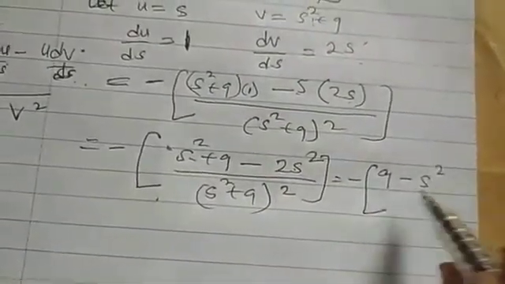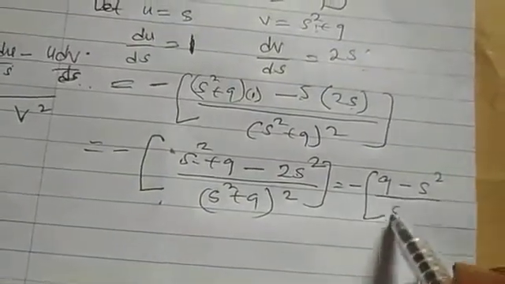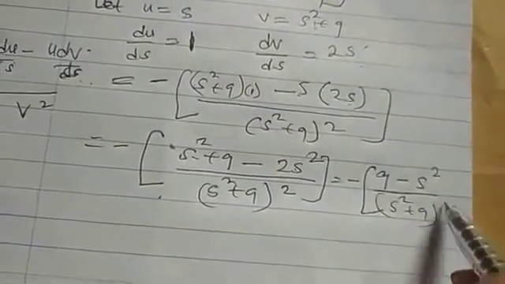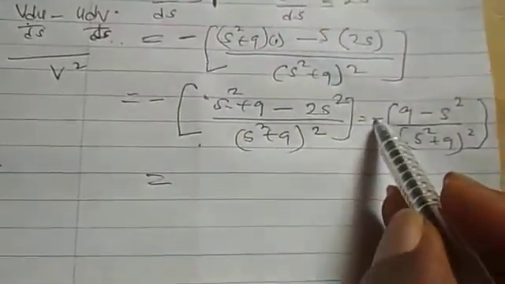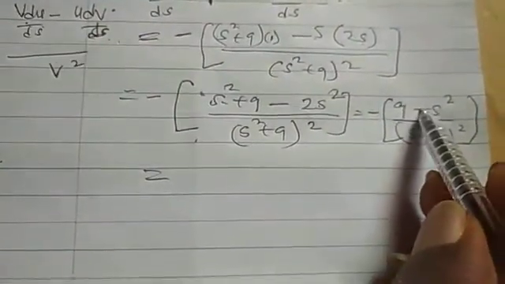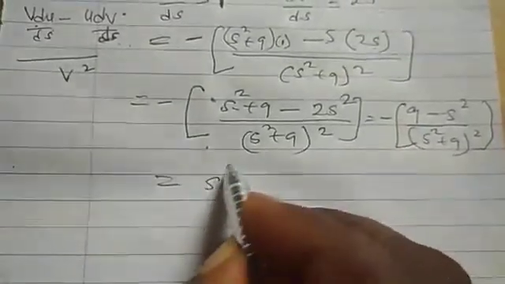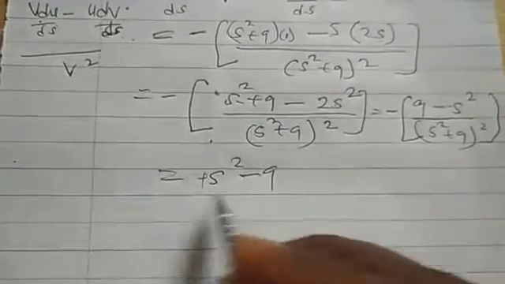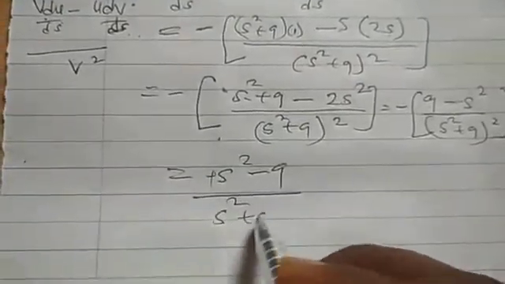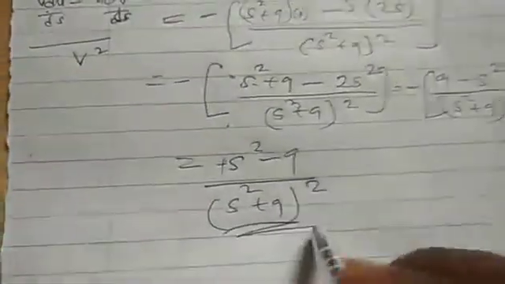That will be minus s squared over s squared plus 9 all squared. So when this minus comes to this place, it will turn this minus to plus. So it will be plus s squared there, then minus 9 over s squared plus 9 all squared. So that is that about that.